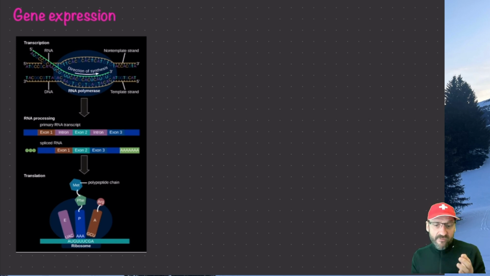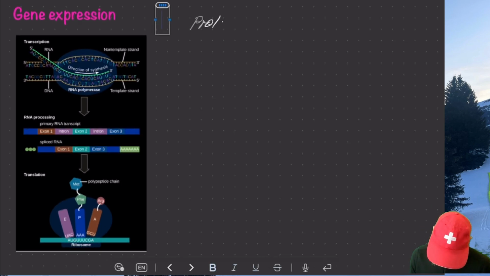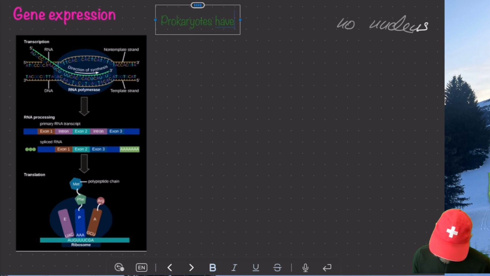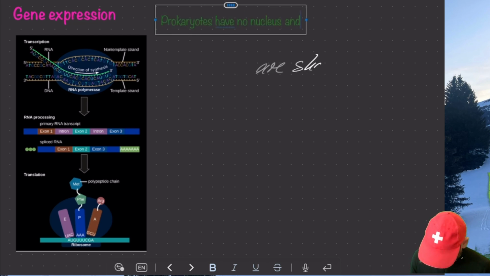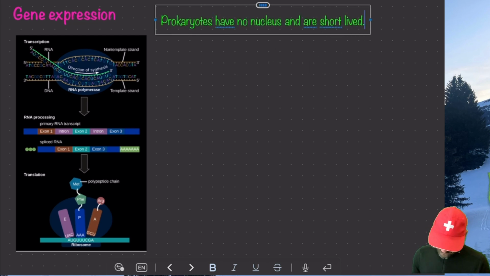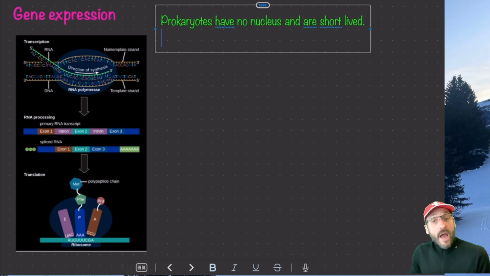So really, protein synthesis is controlled mostly by which genes are activated and which are not. Prokaryotes have no nucleus, mRNA is short-lived, and their protein synthesis stops when transcription ends.